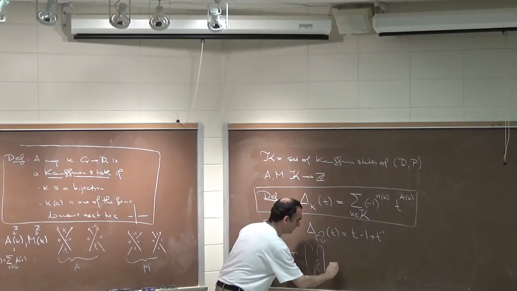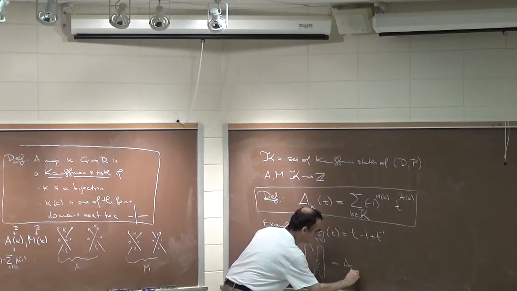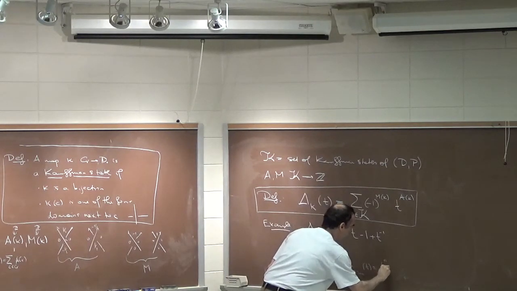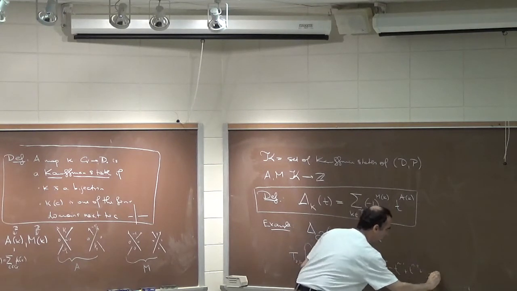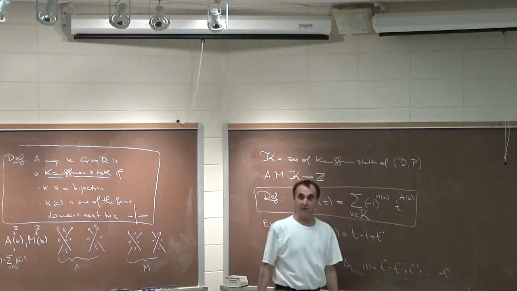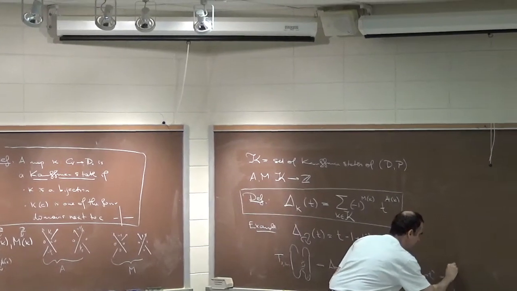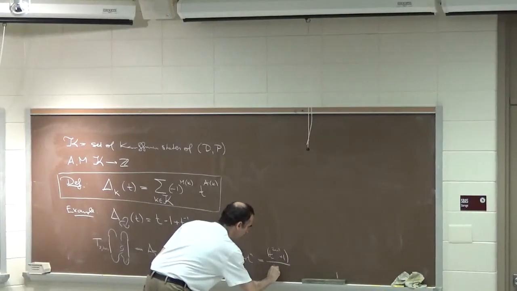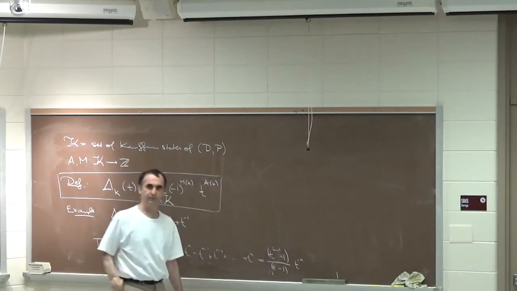And if you do the math, then the Alexander polynomial of this guy will be t to the n minus t to the n minus 1 plus t to the n minus 2 and so on plus t to the minus n, which is a longer way to say that this is just (t to the 2n plus 1 plus 1) over (t plus 1) times t to the minus n.